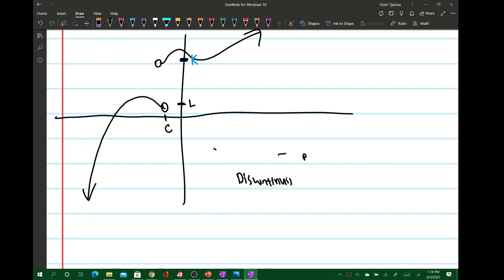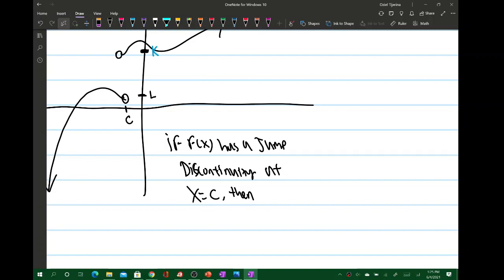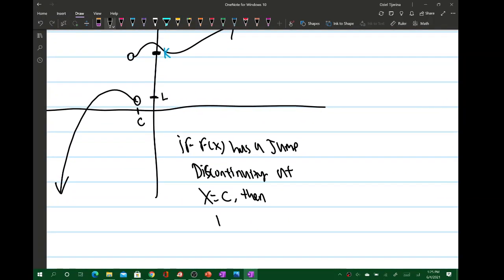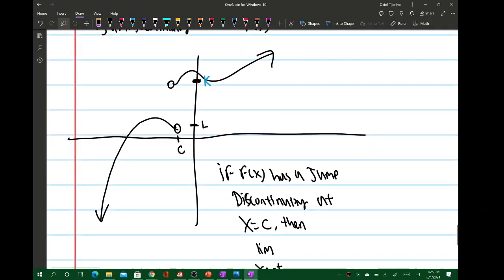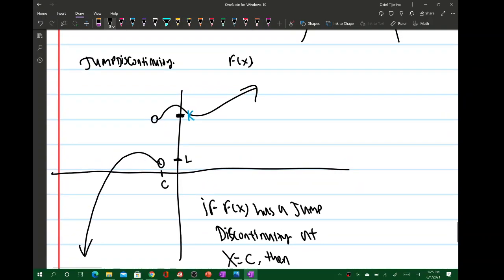If f of x has a discontinuity at x equals c, then there are three things we must keep in mind. The limit as x approaches c from the right side. That means whenever they give you the little plus sign here, that means from the right side.